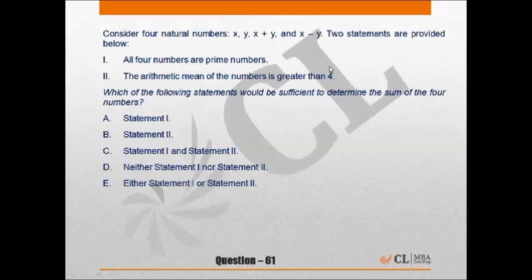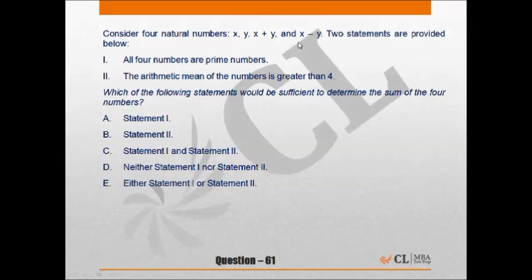So if x and y both are odd prime numbers, in that case x plus y, which will certainly be greater than x as well as y, would be an even number, which means it will not be a prime number. So from here it can be deduced that one out of x and y will have to be 2.